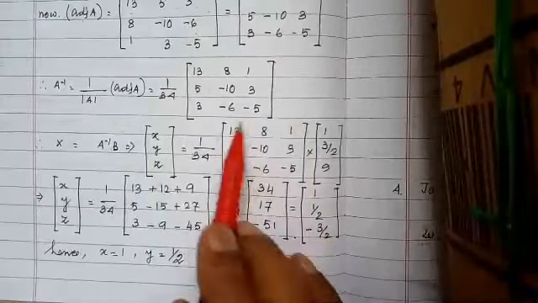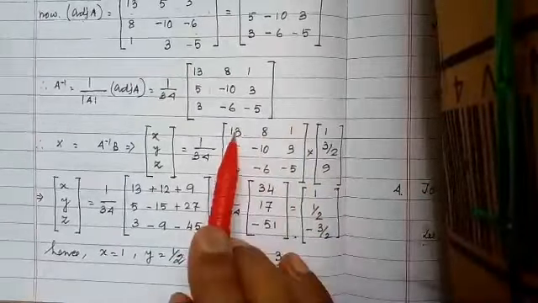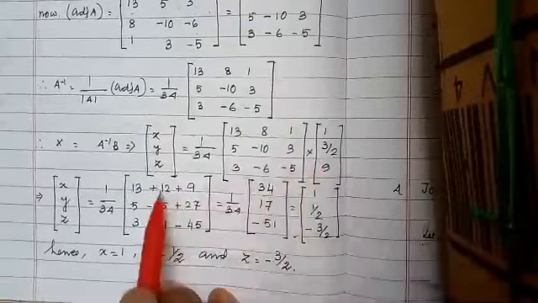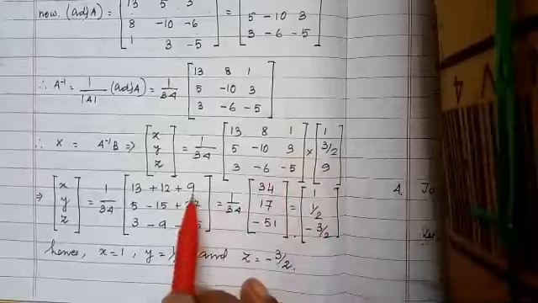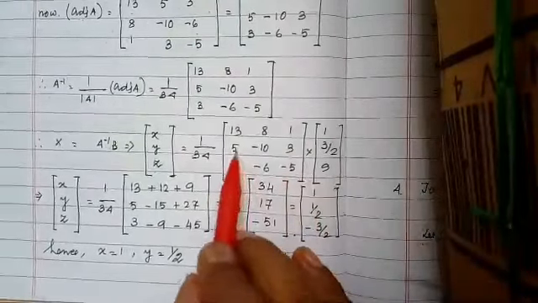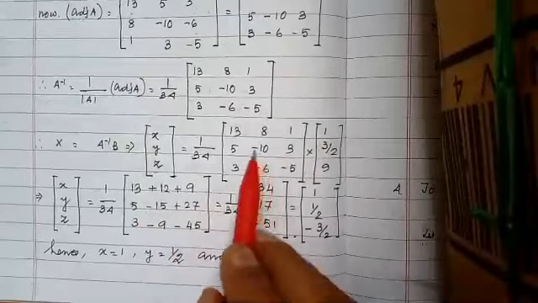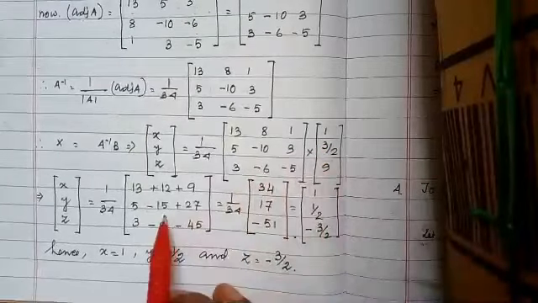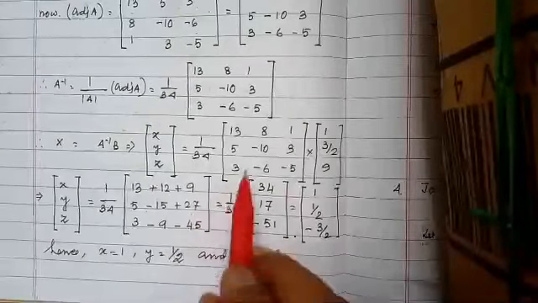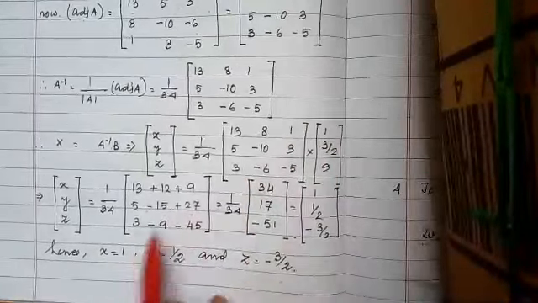Now let us multiply row into column. 13 into 1, 13. 8 into 3 by 2, 12. 1 into 9, 9. Second row and this column: 5 into 1, 5. Minus 10 into 3 by 2, minus 15. 3 into 9, 27. 3 into 1, 3.